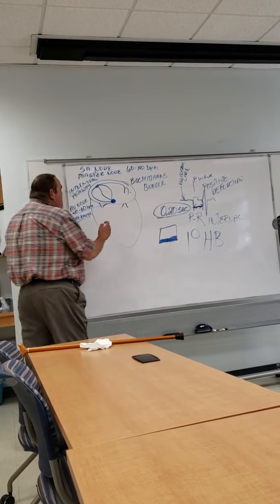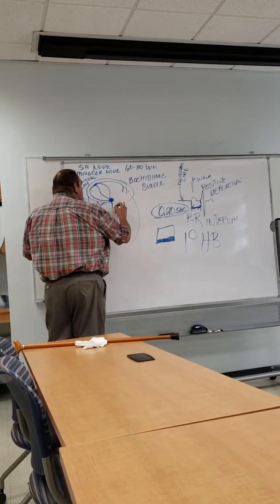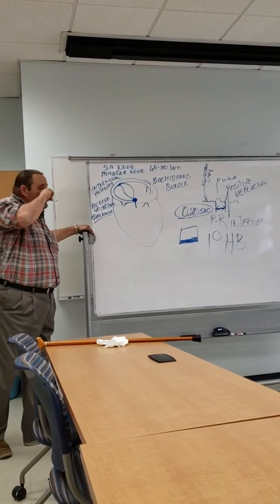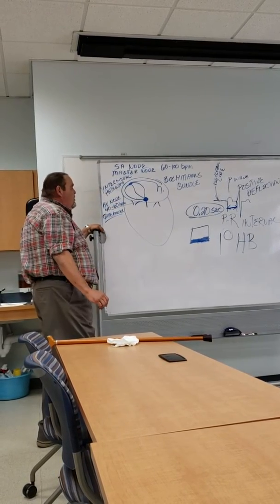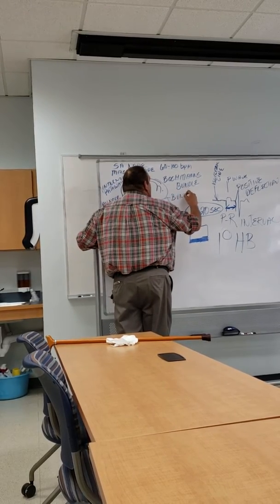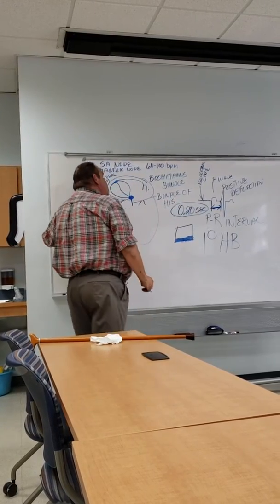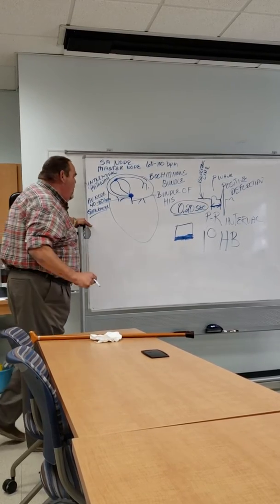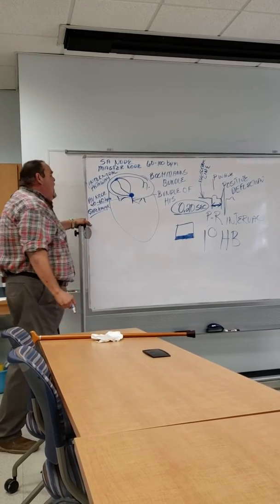Now, when it leaves the AV node, it goes through the only electrical pathway between the atria and the ventricles. Okay? And it's the bundle of His. It's important that you understand that's the only electrical pathway there.